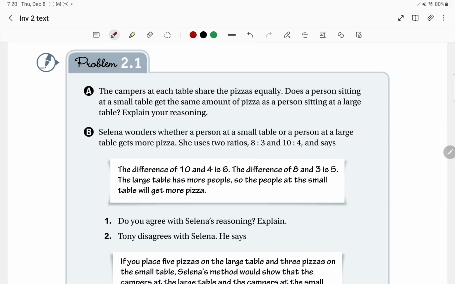So the people at the large table with the 4 pizzas share equally, and the table with the 3 pizzas and 8 people share equally. Does a person sitting at a small table get the same amount of pizza as a person sitting at the large table? They cannot share from large table to small table or small table to large table. They cannot share. So answer this question and then explain your reasoning and come back to the video to see how you did.